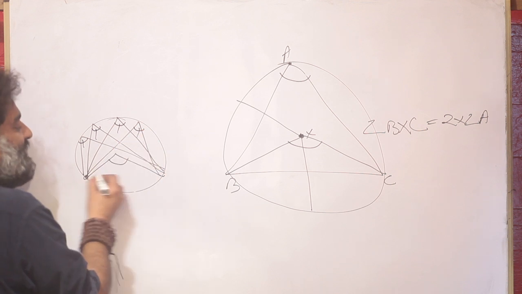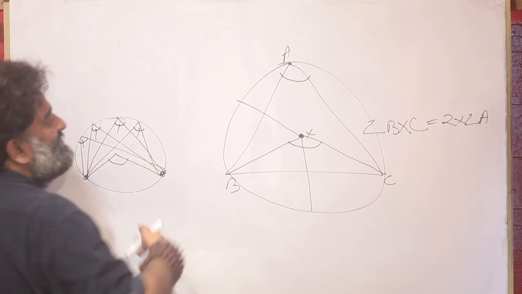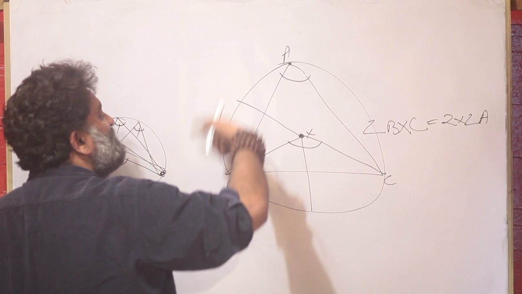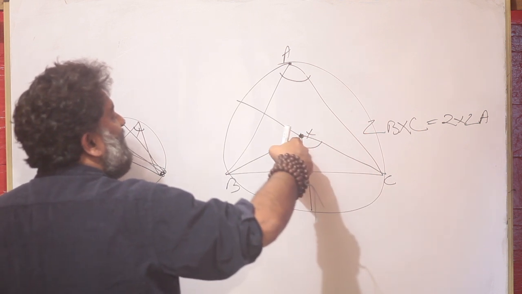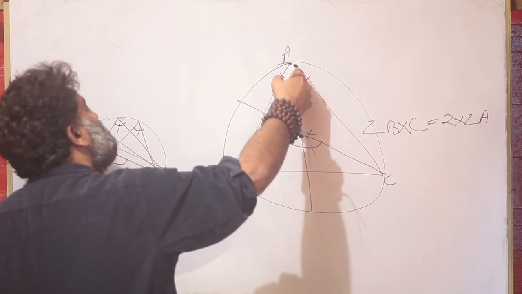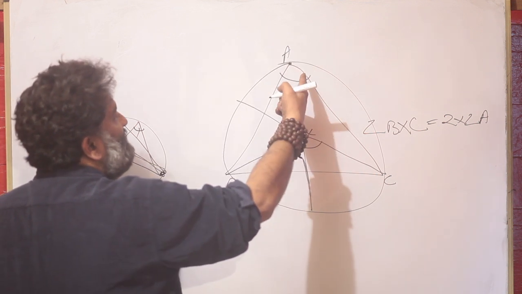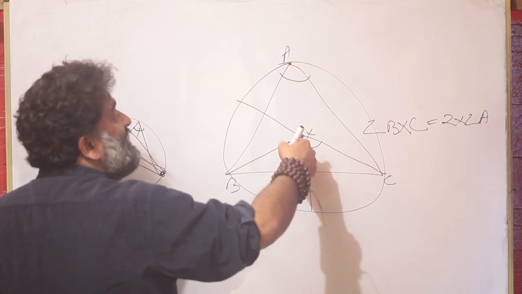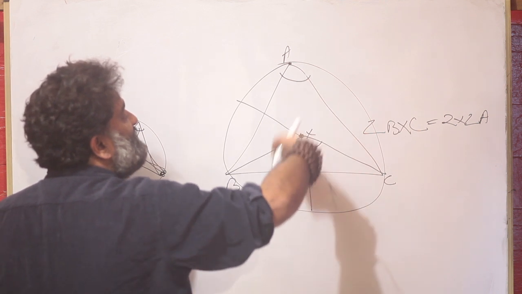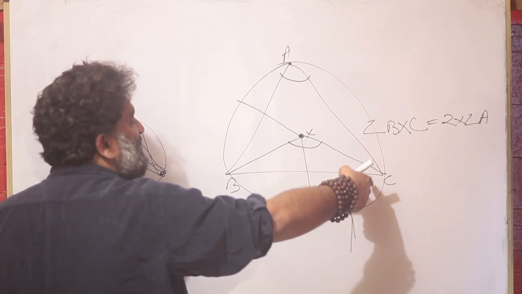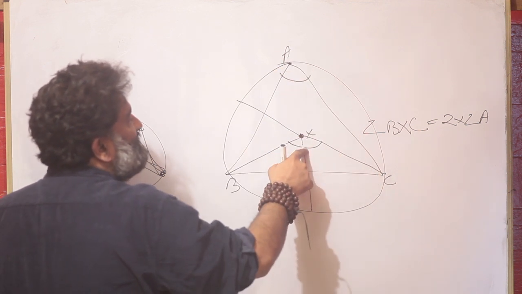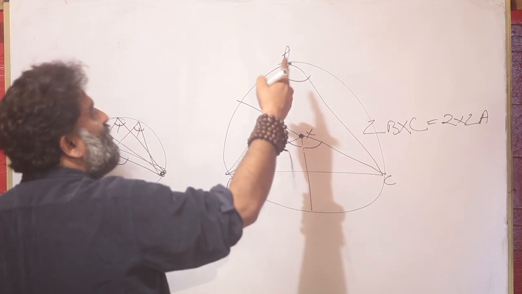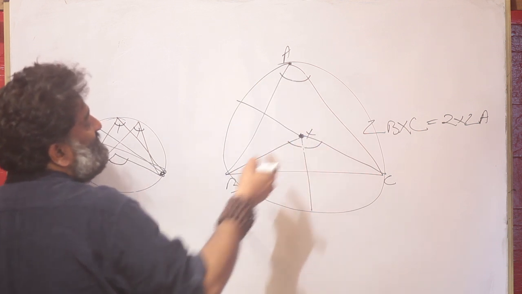So a very basic idea from the theory of circles: because this is a circle and this is the center of the circle, the angle created at the center is going to be twice as much as any other angle anywhere else in the same segment of the circle. So these are in the same segment, this is at the center, this is going to be twice as much as this, or this is going to be half as much as this.